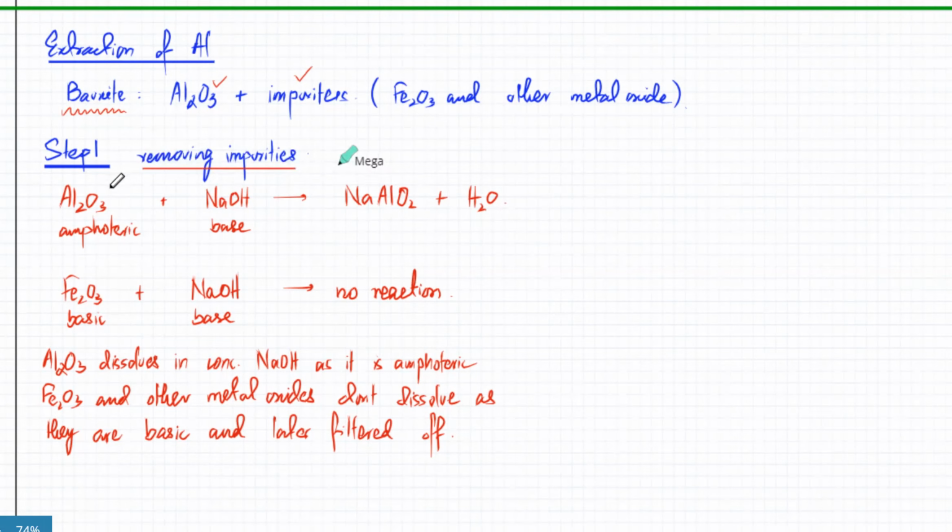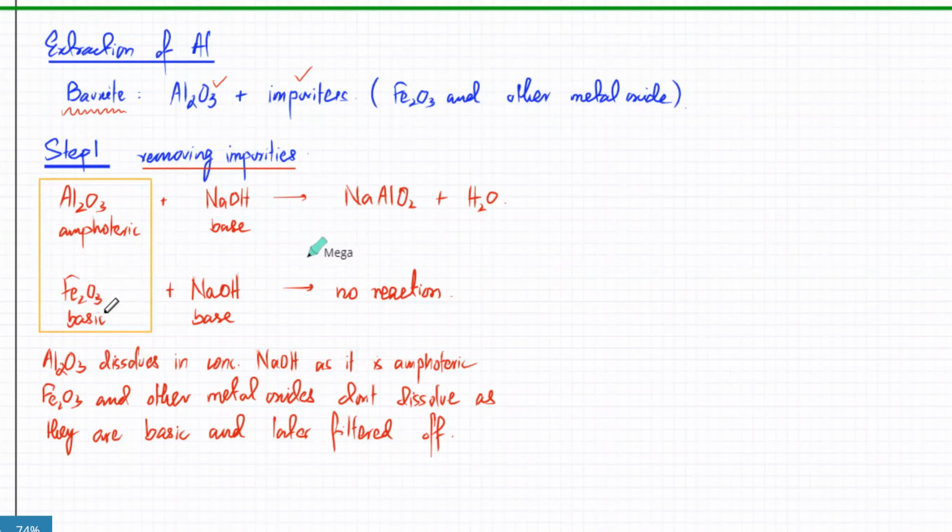The way you do that is Al2O3 is amphoteric, which means it can react with both acids and bases. Metal oxides are usually basic. So what you do is you dissolve the whole ore. The ore contains both Al2O3 as well as Fe2O3.